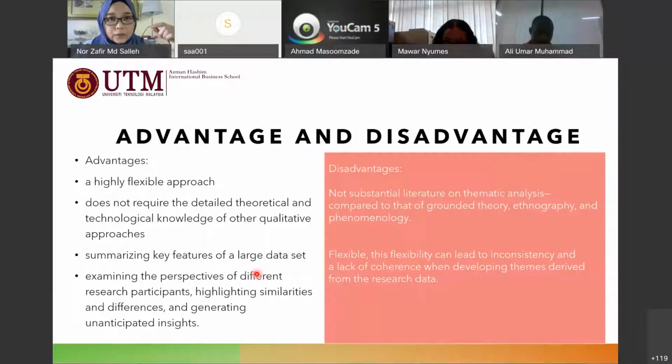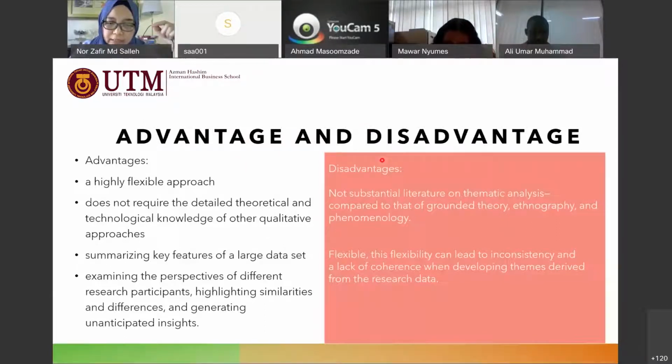If you have 20, maybe 100 respondents, and you want to get an idea of what they are talking about for one research objective or one question, you can use thematic analysis to get the idea. It also examines the perspectives of different research participants, highlights similarities and differences, and generates unanticipated insights.